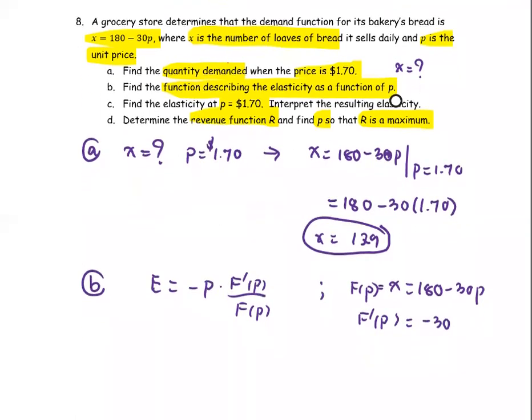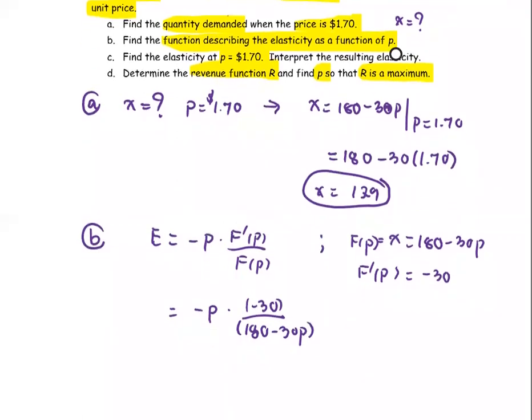Using f and f prime in the expression for E, we get negative p times negative 30 on the top, divided by the quantity 180 minus 30p on the bottom. Simplify the expression to get 30p as the numerator divided by 180 minus 30p.